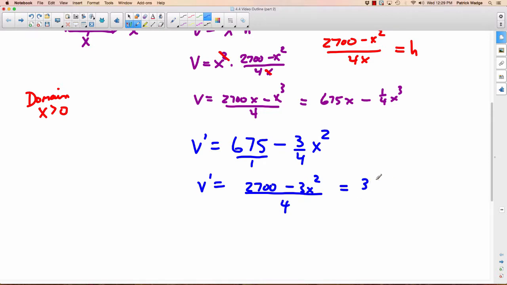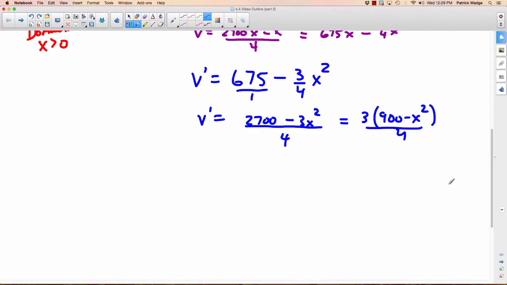So you get 3, and then we have 900 minus x squared, all over 4. And you can factor the bracketed part here as well. It's a difference of squares. So I think this will be our last step for the derivative. V prime equals 3 times (30 minus x) times (30 plus x), all over 4.